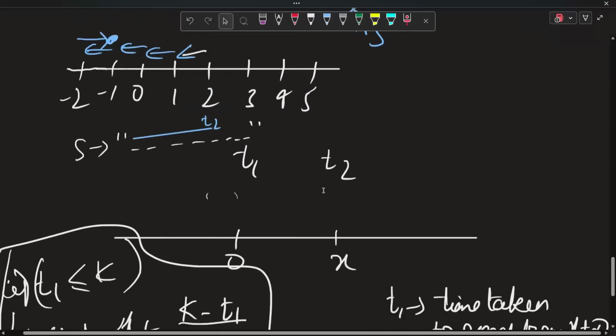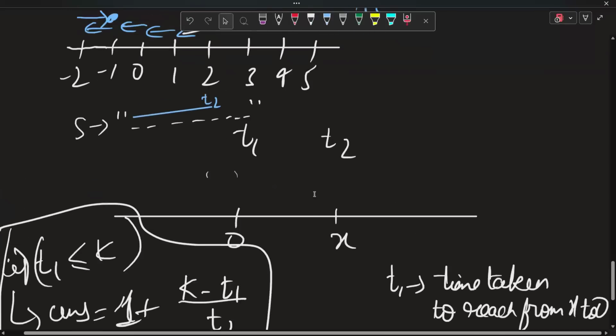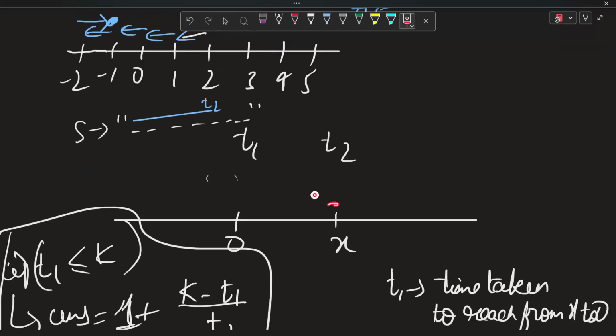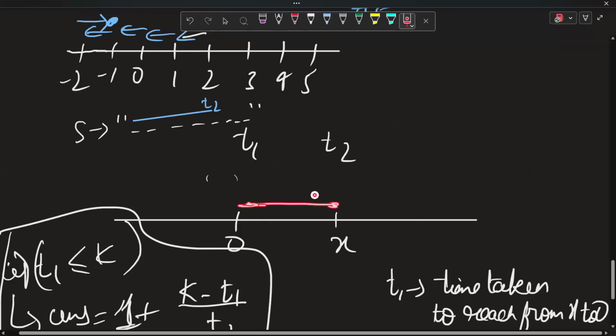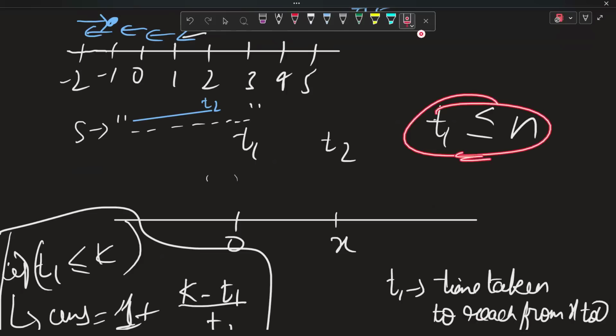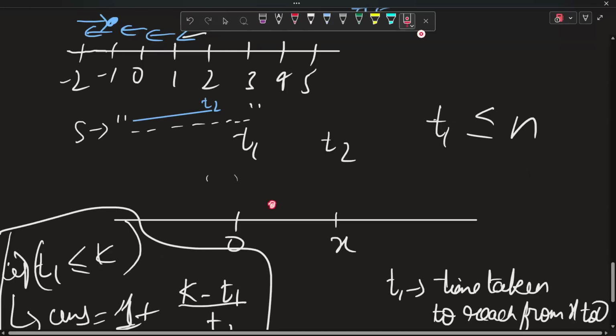And how do you compute t1 and t2? Just simulate the process. Start with X and simulate the process until you reach 0. This t1 time would definitely be less than or equal to n, because after n seconds, if all the n instructions are executed, the robot just stops there.